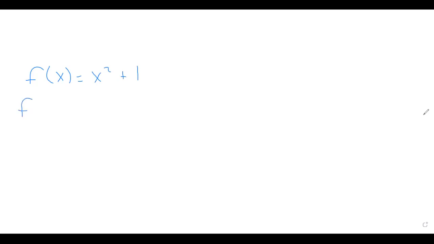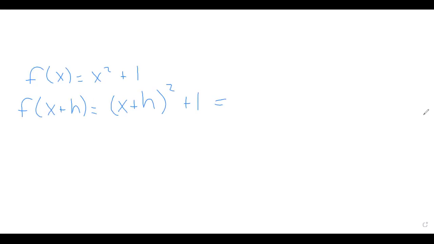That means that f of x plus h will equal x plus h, we just plug that in anywhere we see x, squared plus 1. Now we can FOIL this out because that's not very helpful right now.